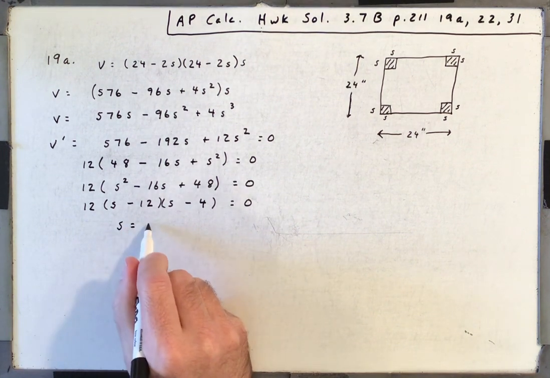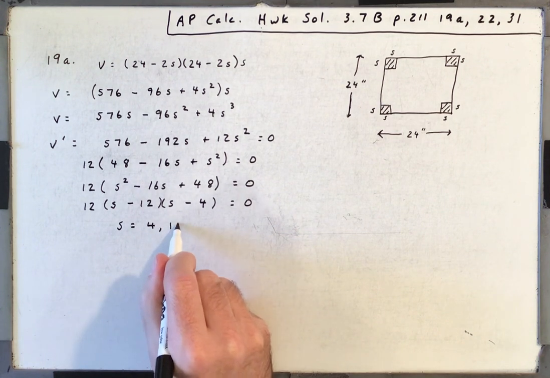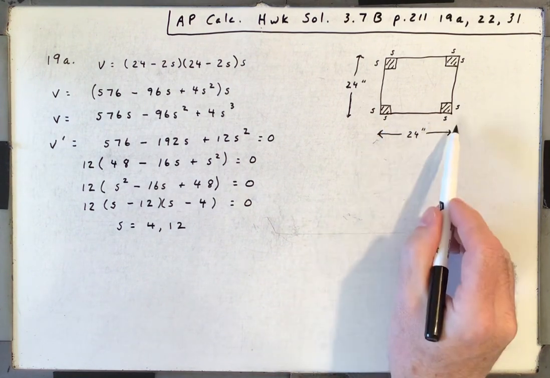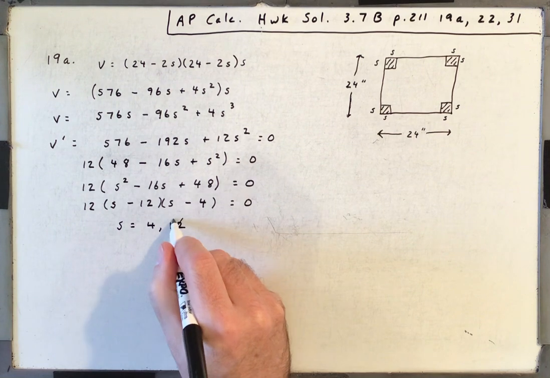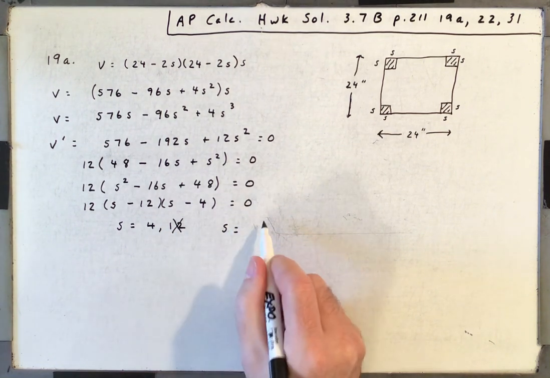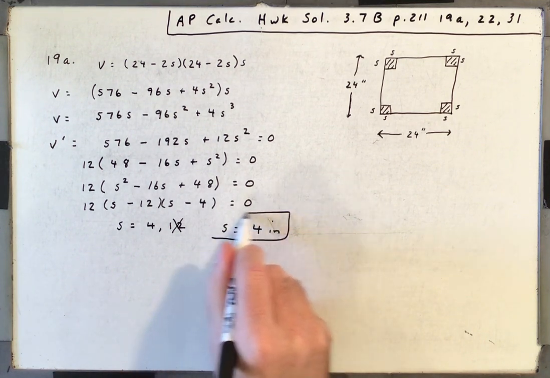S is equal to 4 and 12. Now, if it's 12, then the box completely goes away because you'd have 12 plus 12, 24. So that's an extraneous solution. So s is going to equal 4 inches.